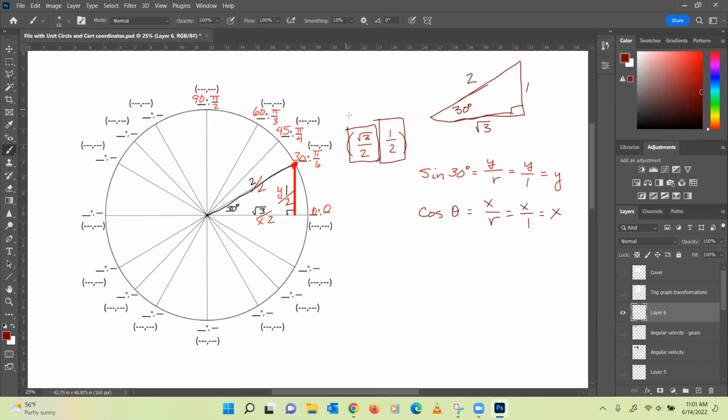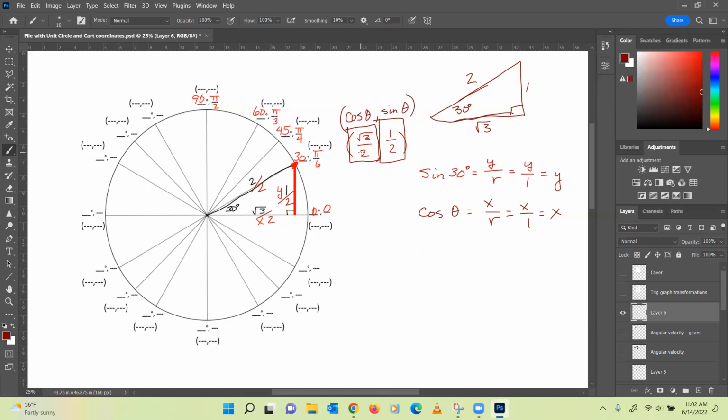So what we have here is the cosine of our angle and the sine of our angle. That's how we can populate that ordered pair. First ordinate will be the cosine. Well, it's the abscissa, but the x value will be the cosine. The y value will be the sine on the unit circle.